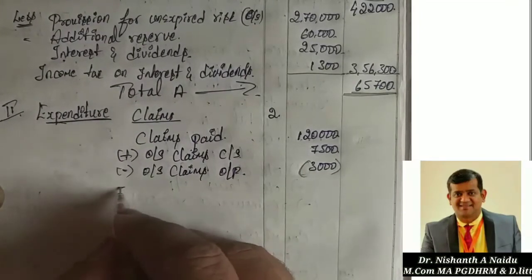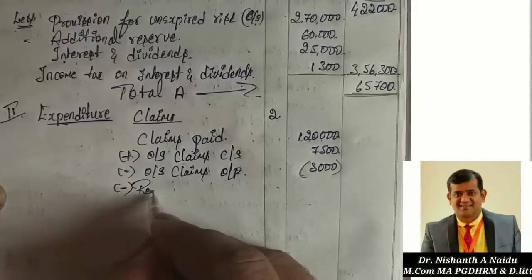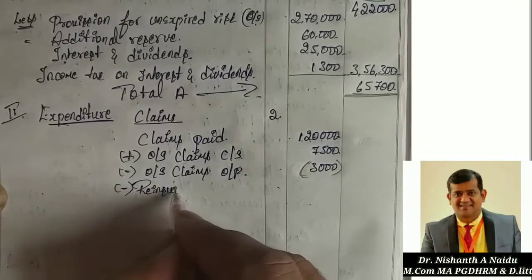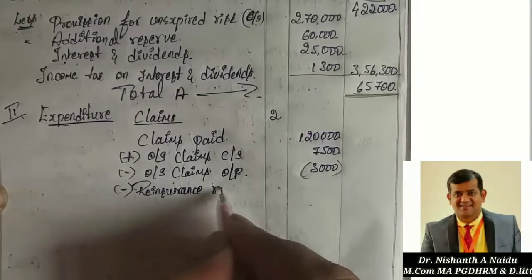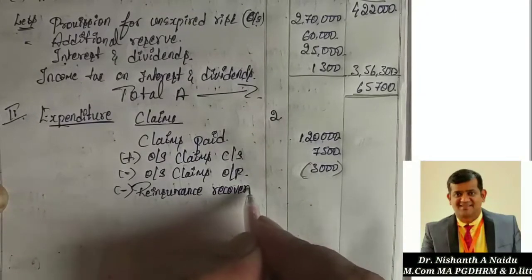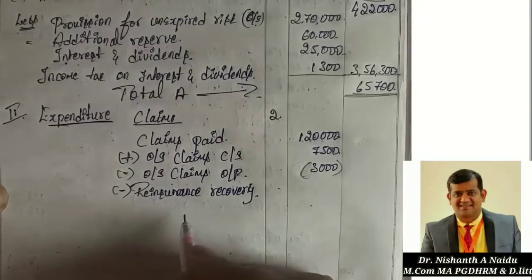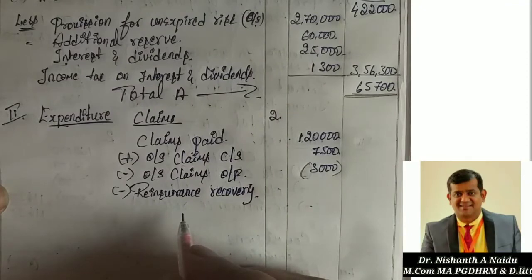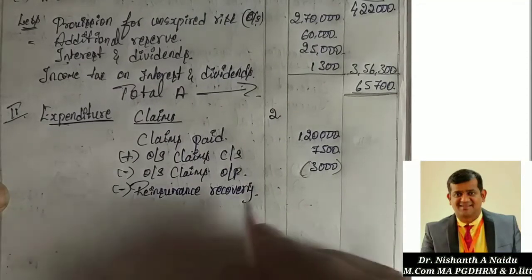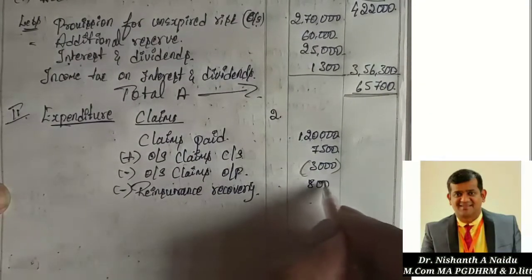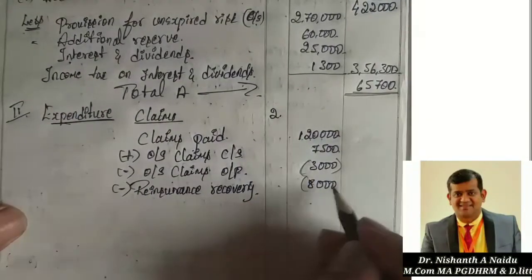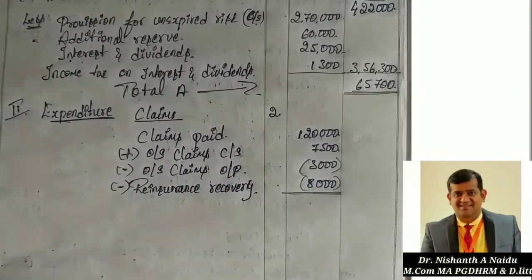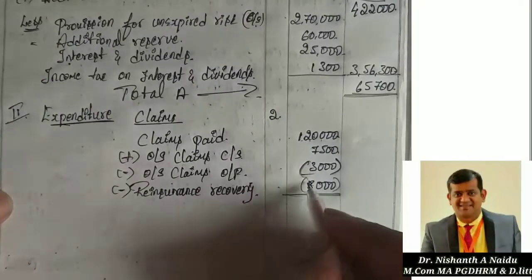So that also you should deduct. Less reinsurance recoveries. How much in the problem he has given? Reinsurance recovery 8,000. So 8,000 has to be deducted. So I am writing it in a bracket, which has to be deducted.